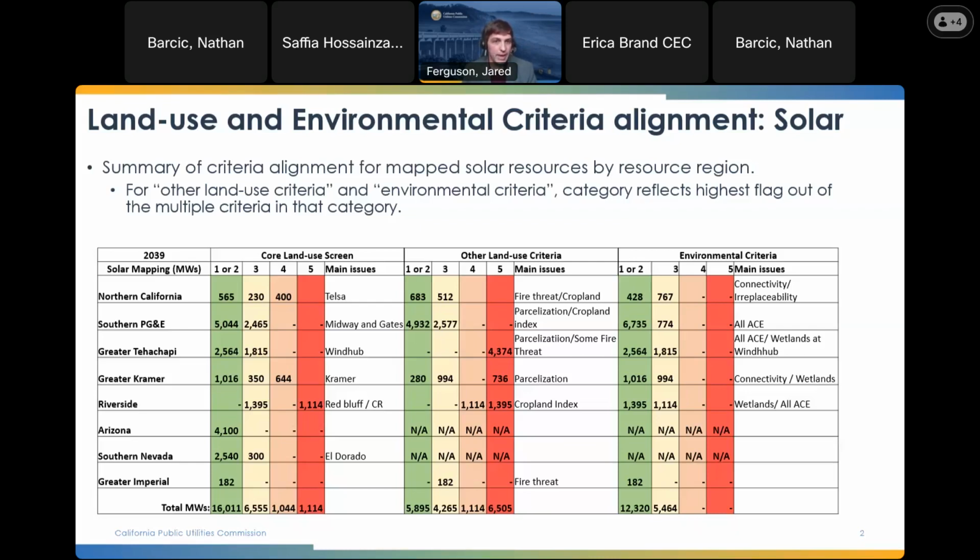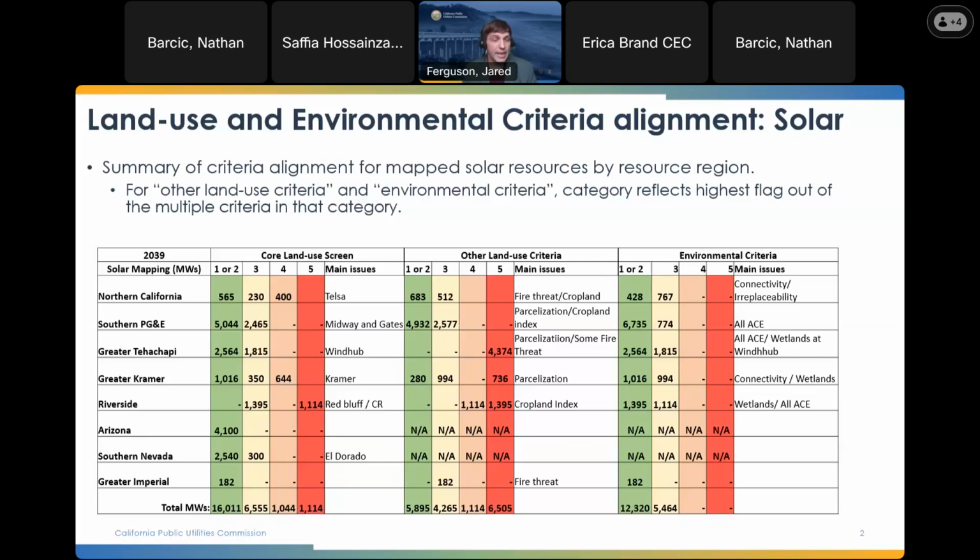Then moving down to Greater Tehachapi, we have just over 4.3 gigawatts of solar mapped there. Again, on the core land use screen, it's mostly in good alignment with the criteria. WinHub is the one substation that has level 3 alignment.